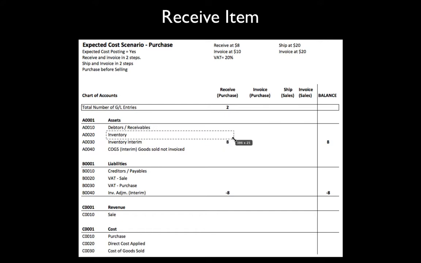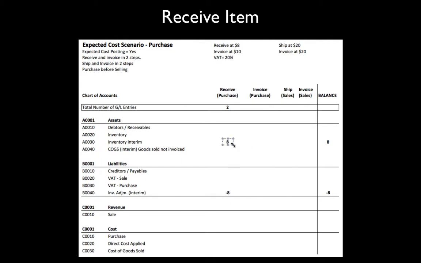And the reason it's not is because Navision thinks, well, I'm not going to update the final inventory account because I don't really know what the value is going to be yet. So I'm going to put it on this inventory interim account at my best guess value.